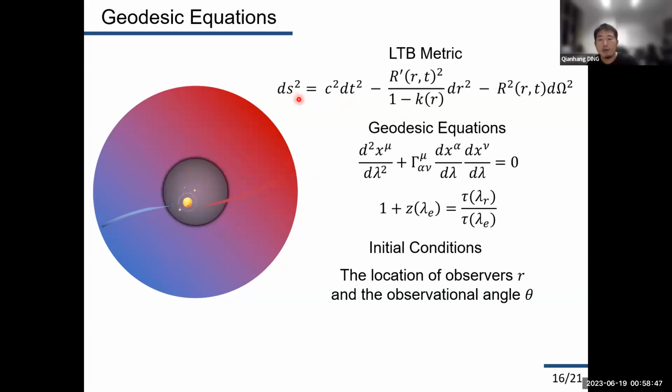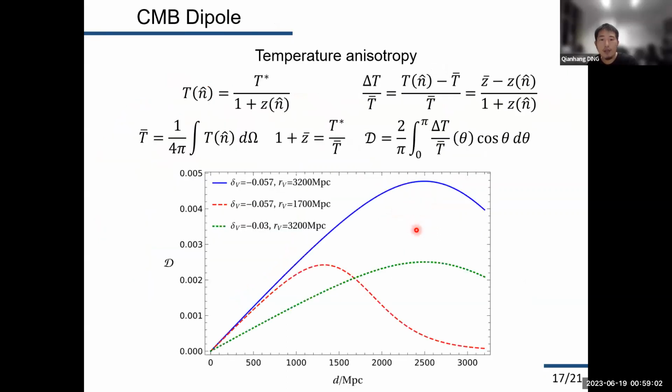Here, in order to solve this anisotropic spacetime, we first use the LTB metric and solve the geodesic equations of the CMB photon, and you find their redshift distribution. Then we can calculate the dipole amplitude in the observed CMB temperature anisotropy.